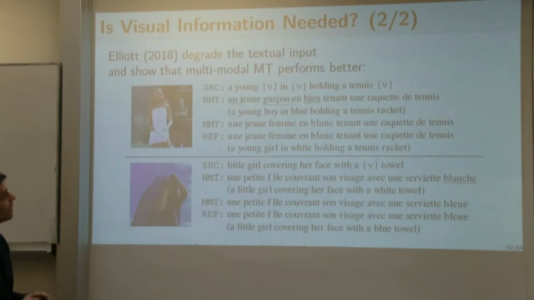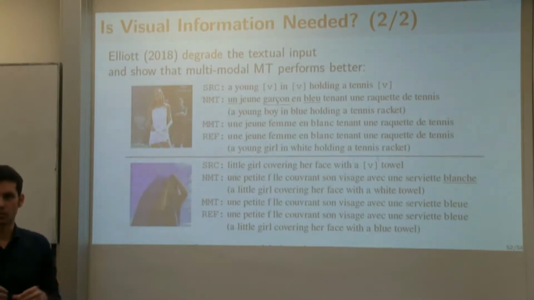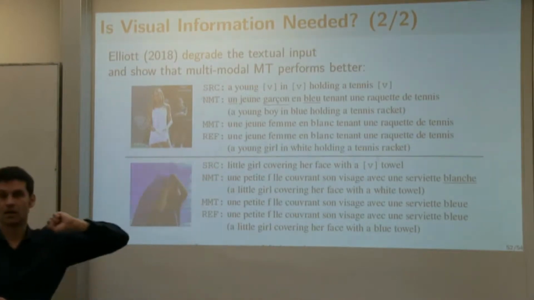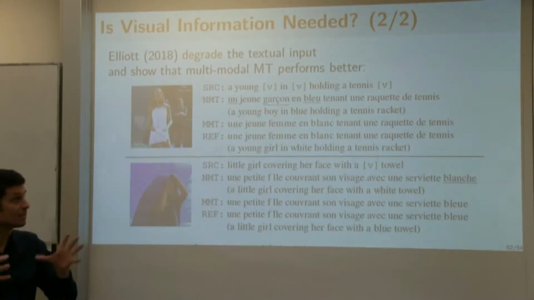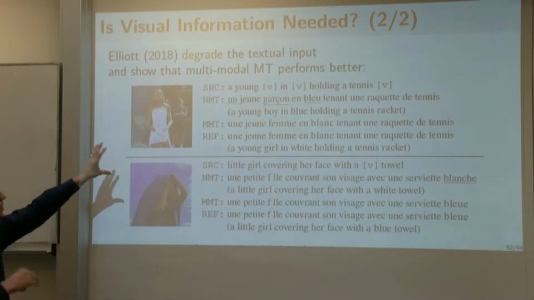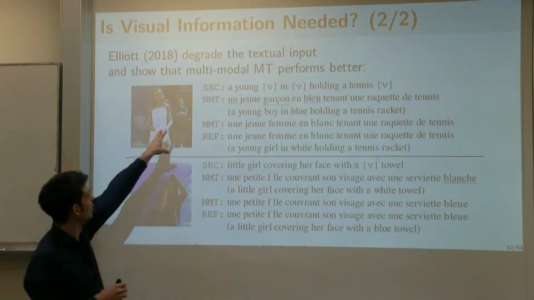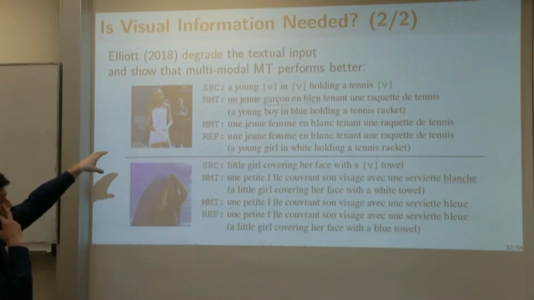So what they were doing is that they were degrading the text input, and they were removing all the words and replacing them with just a void placeholder for words the meaning of which could be recovered from the image. So we have this tennis player, and the original sentence was a young girl in white dress holding a tennis racket.